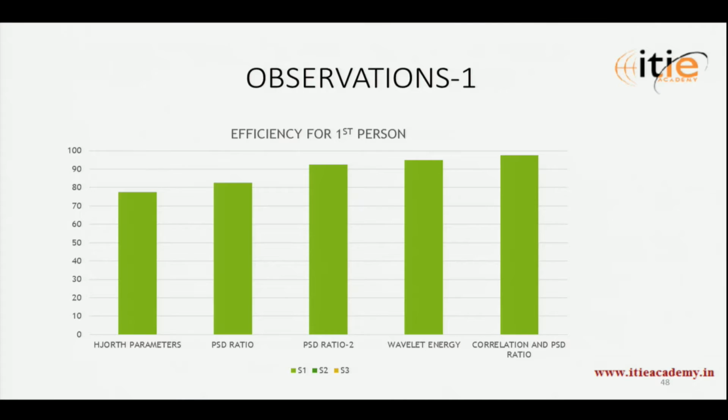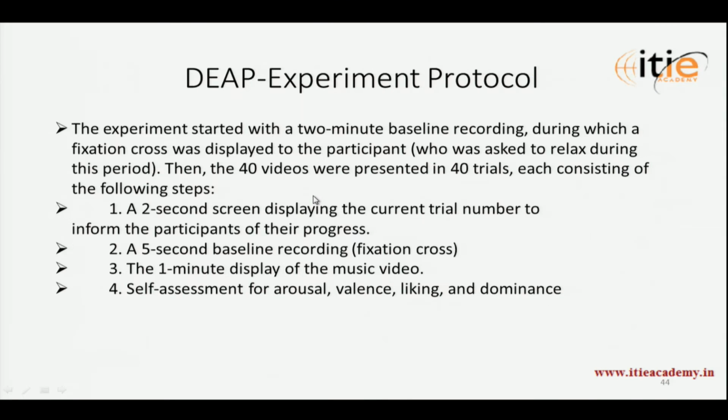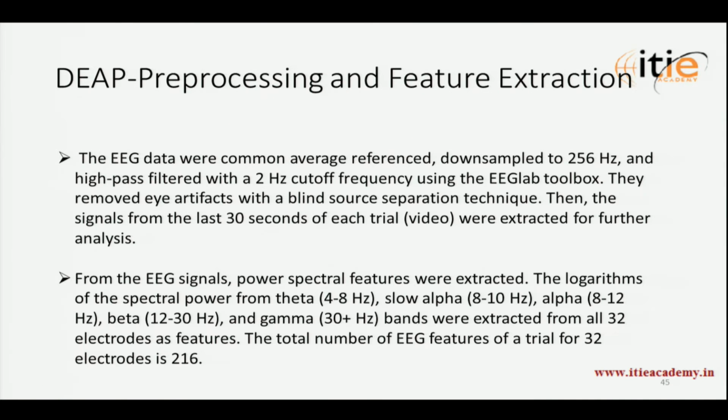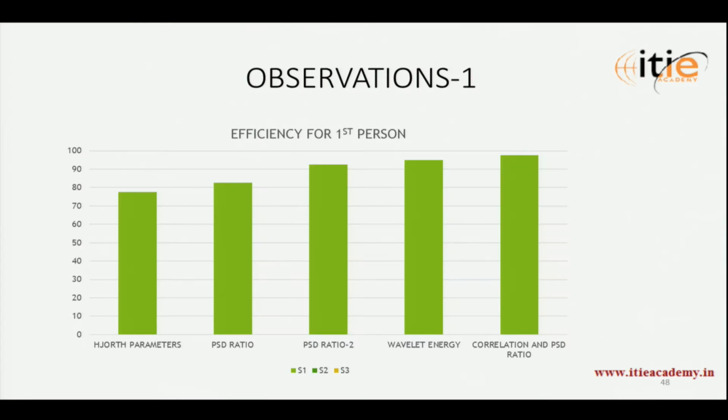Just discuss the results. So, there are 40 people, 32 different trials available. So, we went with these parameters, these features, and when we clubbed different features, you can see the efficiency of the classifier.